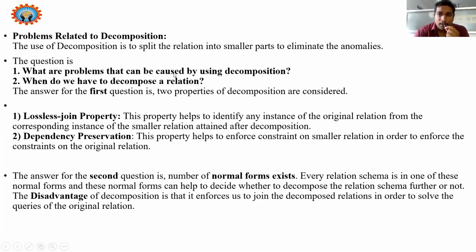These are the two problems we get when we decompose a relation, and for these two problems we have two answers. The first one is, what are the problems that can be caused by using decomposition?